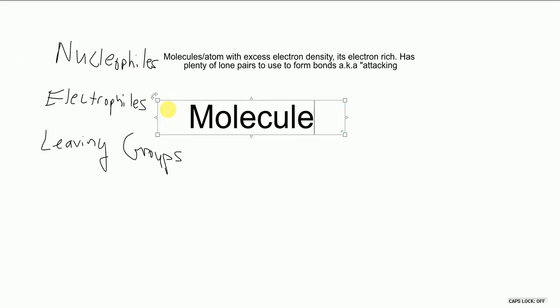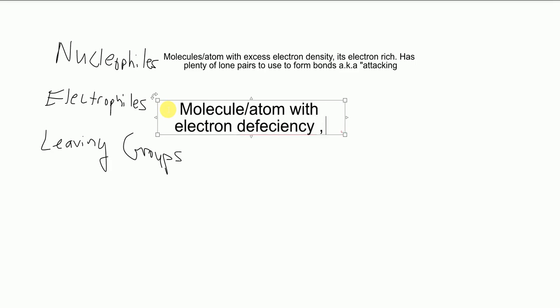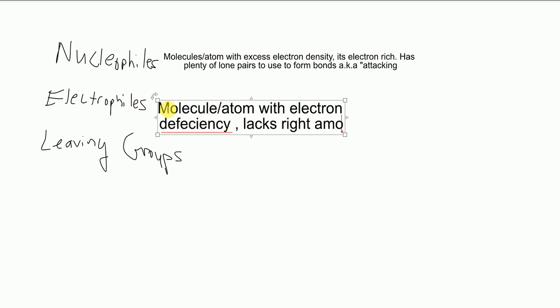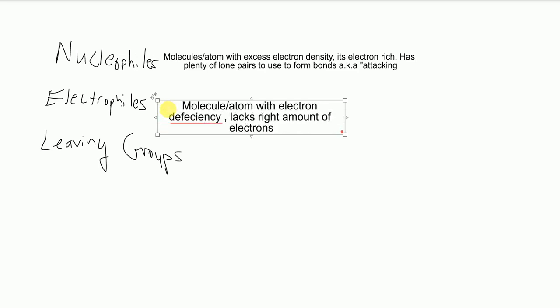An electrophile is a molecule or atom with electron deficiency, it lacks electrons, right, and these are susceptible to attack.